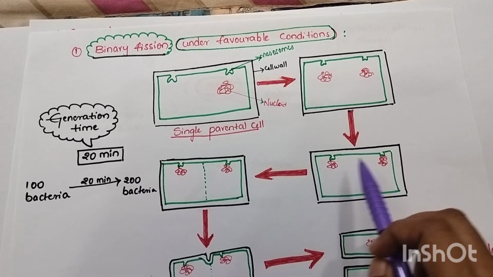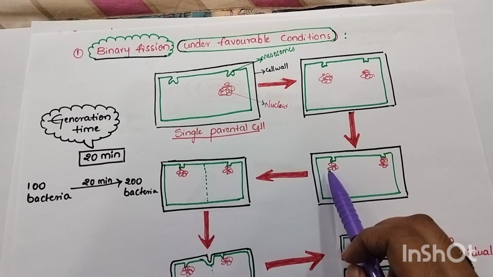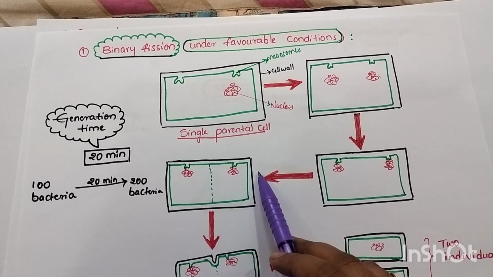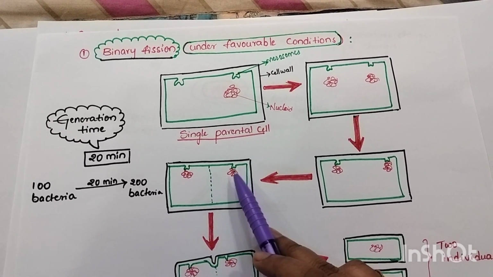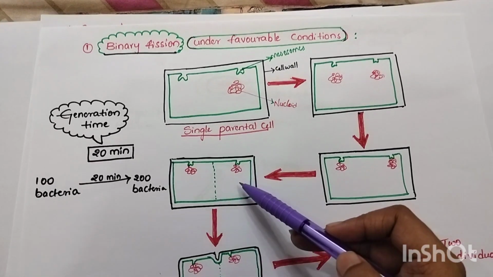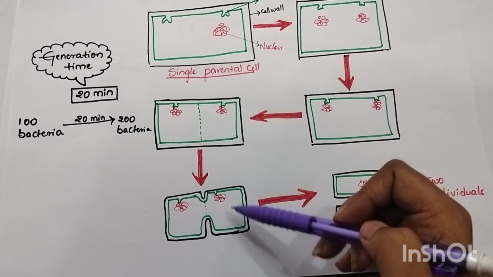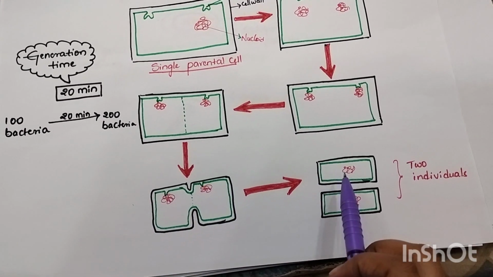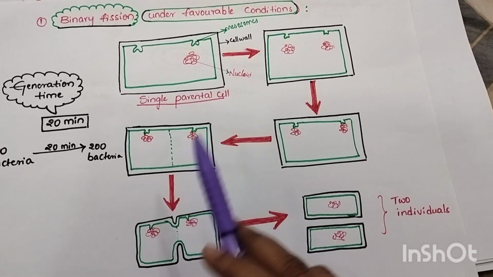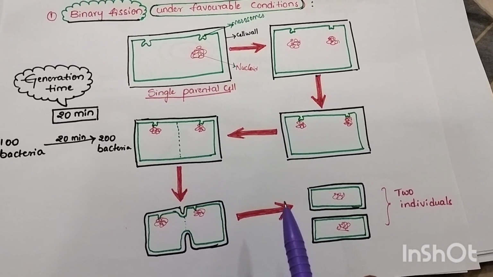These two genetic materials move to the corners and attach to the mesosomes. Now, once the genetic materials are attached to the mesosomes, the cell wall formation takes place. Once a cell wall is formed, the cell slowly starts dividing, and it will completely divide and produce two individual daughter cells.